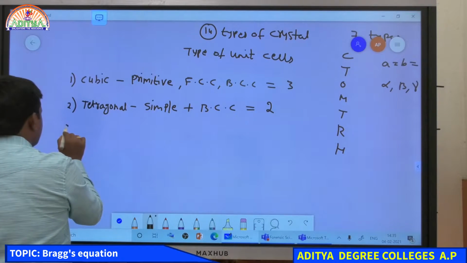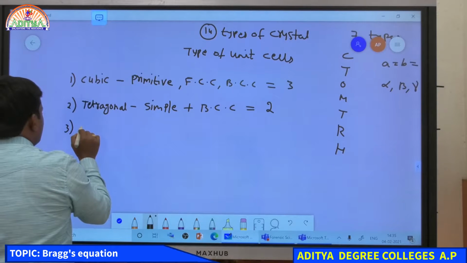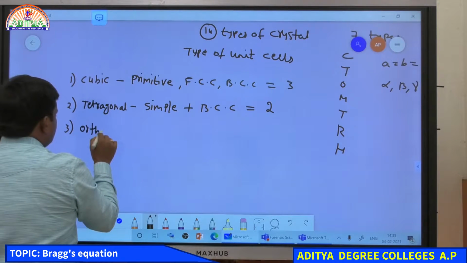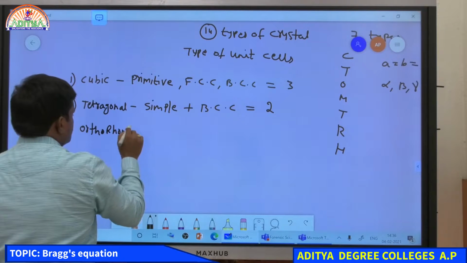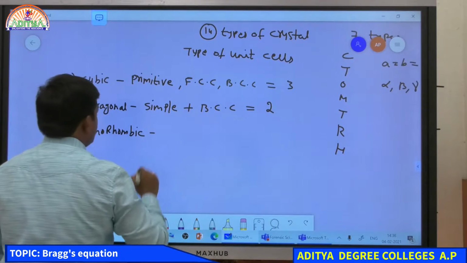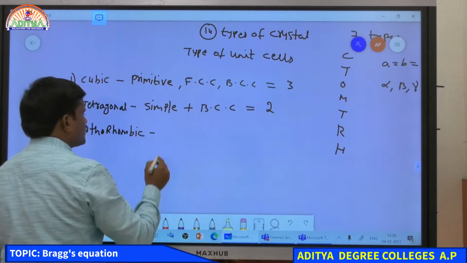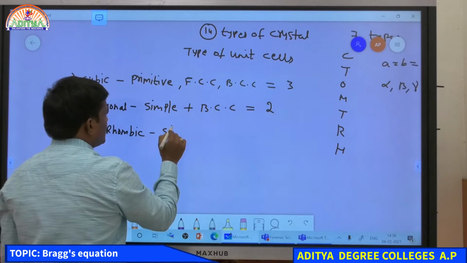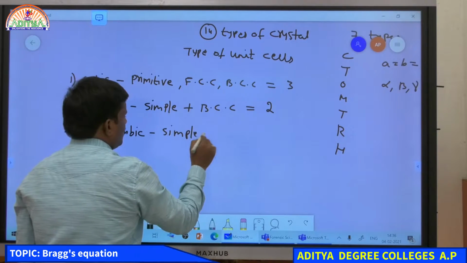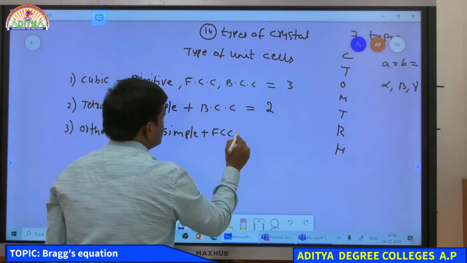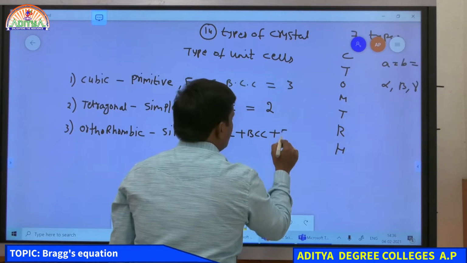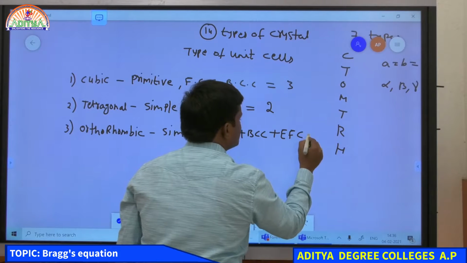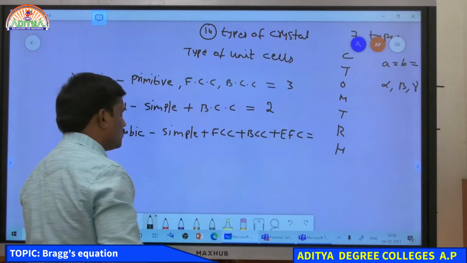Now the third one, orthorhombic. The unit cells present in the orthorhombic crystal are simple, FCC, BCC, and also end face centered. All types of unit cells are present in the orthorhombic crystal.